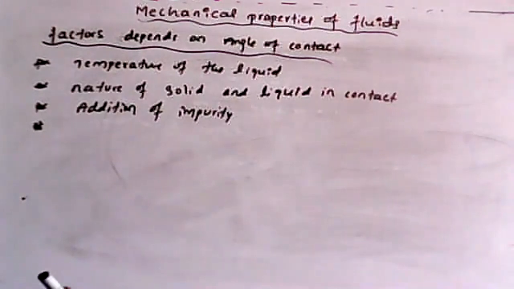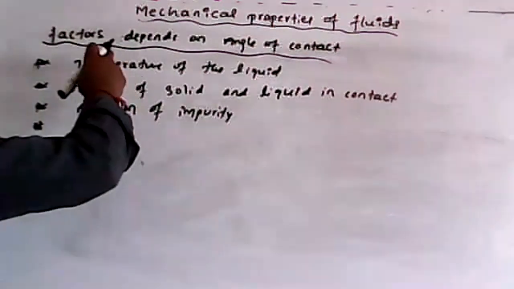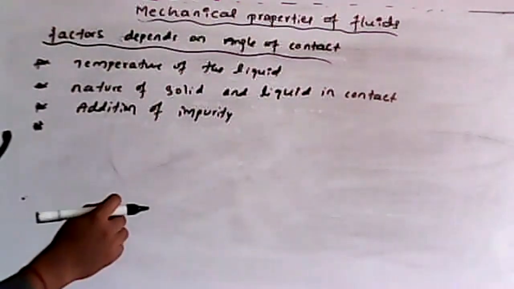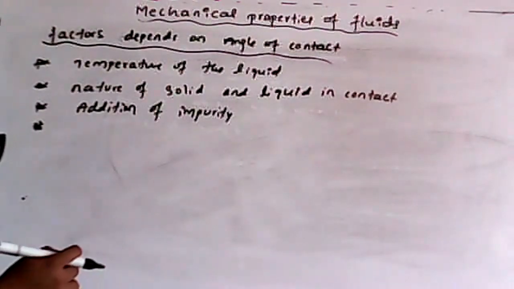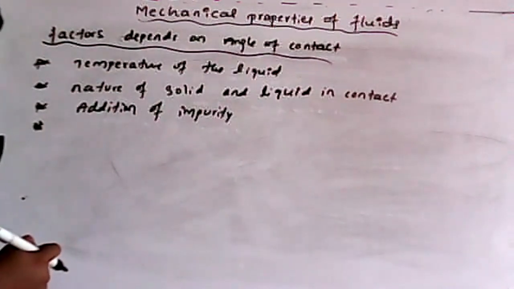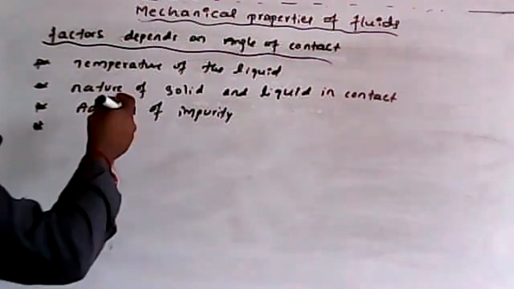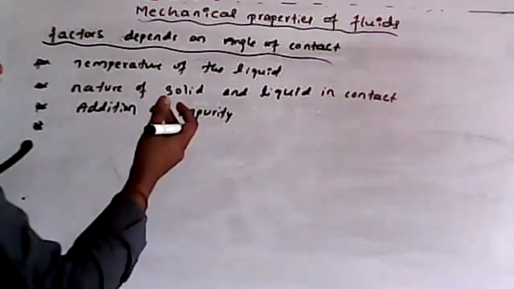In the same way, depending upon whether you added impurity or not, the angle of contact may increase, decrease, or be minimized. That depends on whether you added impurity or not.